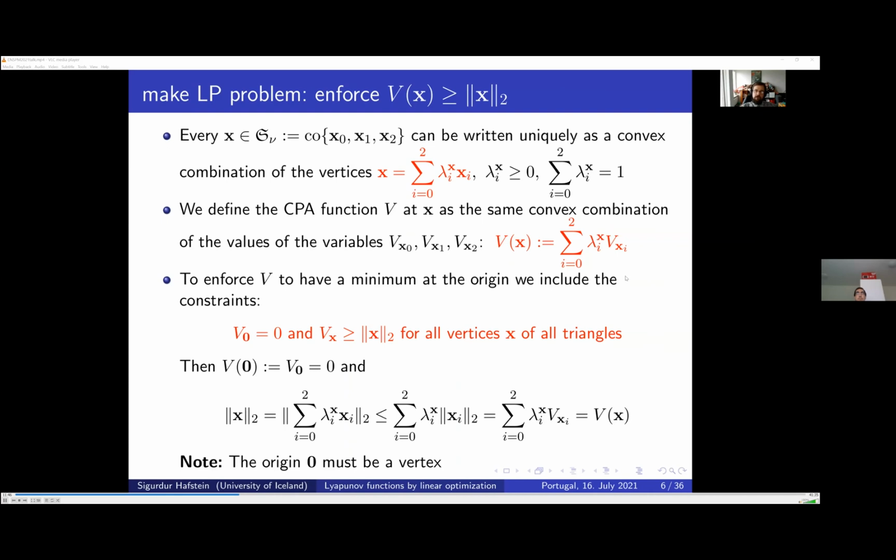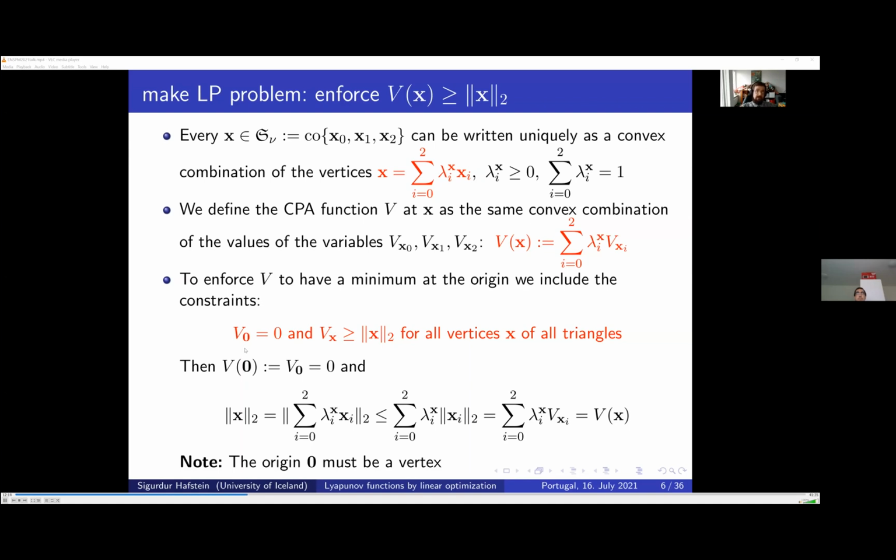And to enforce v to have a minimum at the origin, this is the very easy part, we just put v at 0 equal to 0, and v at any other vertex x should be larger than or equal to the norm of x. And we do this for all vertices of all triangles.